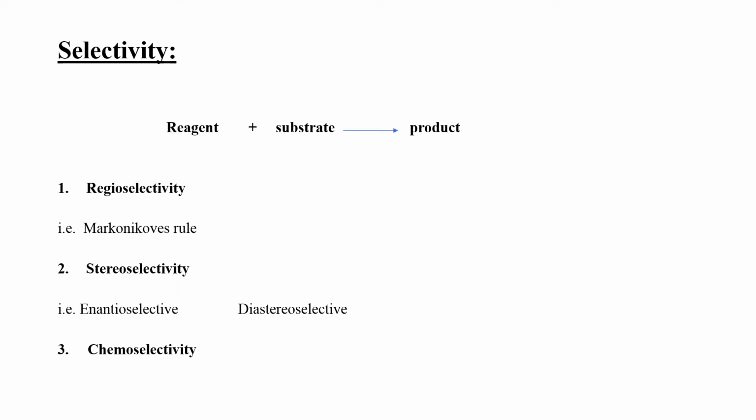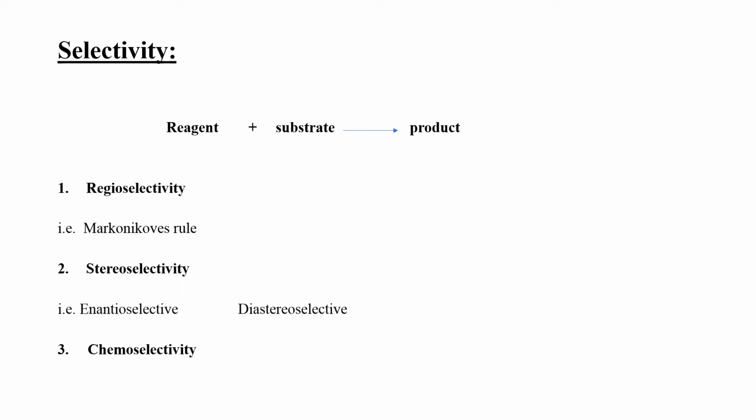We have studied examples of addition reactions, in which we have already discussed Markovnikov's rule. In the addition of HBr, the hydrogen adds at a specific carbon atom, while the bromine adds at the other carbon atom.